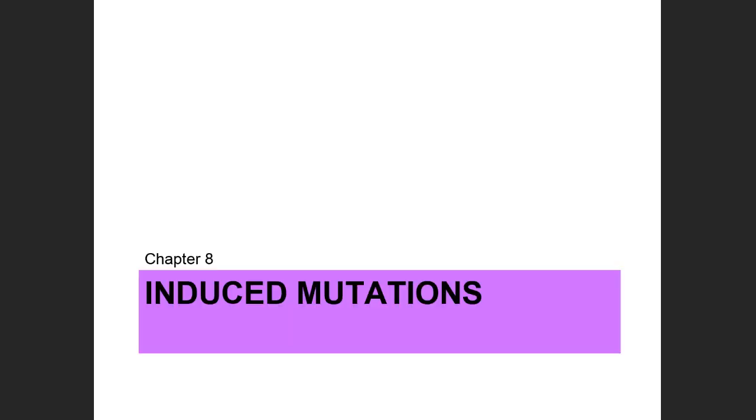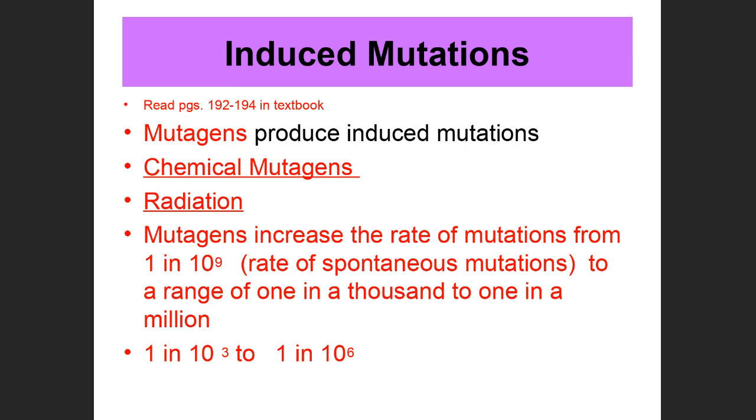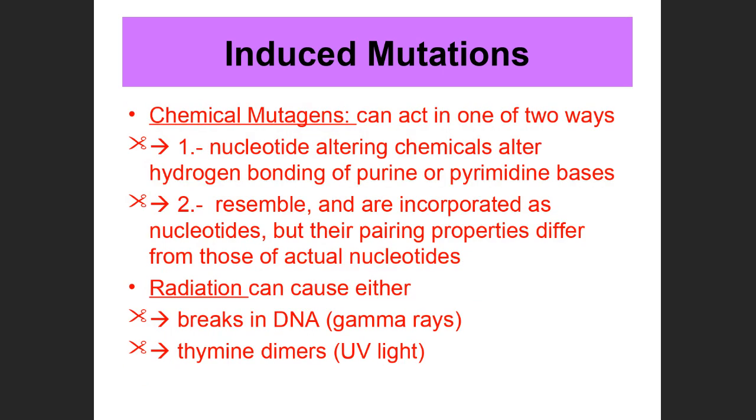And now we're into induced mutations, which can be due to a chemical or to radiation. This is the range of rates of mutations, 1 in 1,000 to 1 in a million. So it's a lot more likely to create a mutation if you use a mutagen than if you just wait for the DNA polymerase to make a mistake. That's essentially what that says.